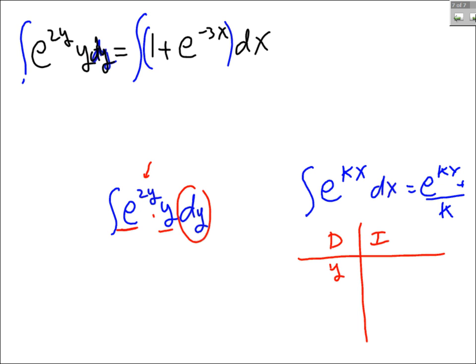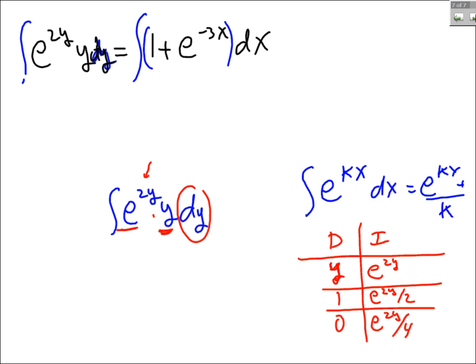You have y, the derivative of y is 1, the derivative of 1 is 0, which is good. Now we integrate. Just like I wrote down the factor y first, I'm going to write down e to the 2y first. The integral of that is e to the 2y over 2, and the integral of that is e to the 2y over 4.